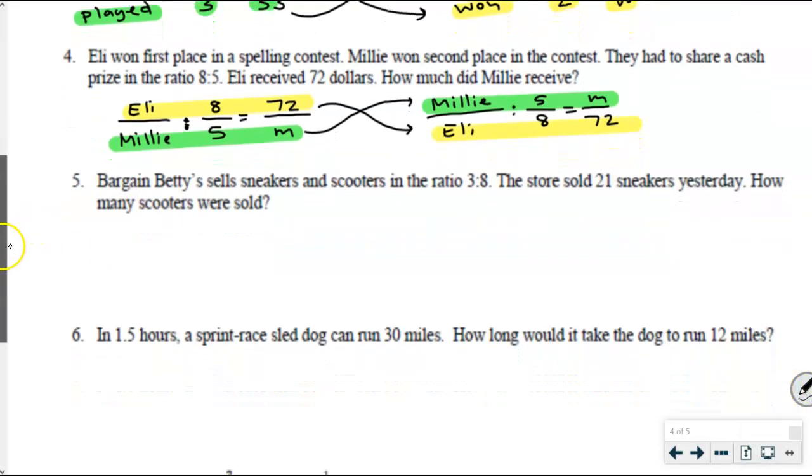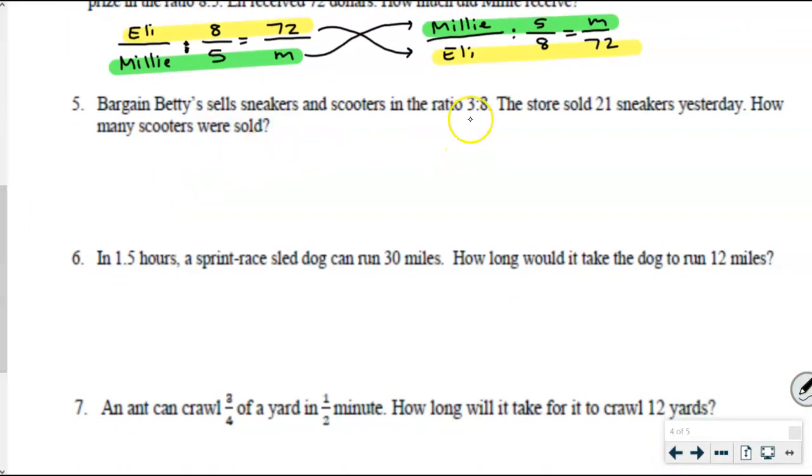Next one, Bargain Betty sells sneakers and scooters in the ratio 3-8. So again, I'm going to assume that the sneakers are the 3 because it's listed first, and the scooters are the 8 since it's listed second. So setting this up with my units first, sneakers to scooters in the ratio 3-8.